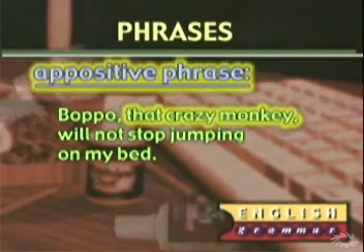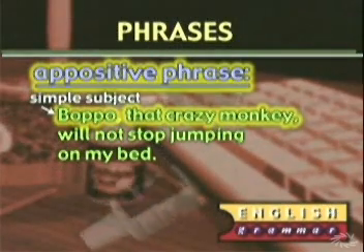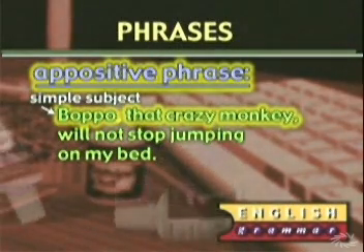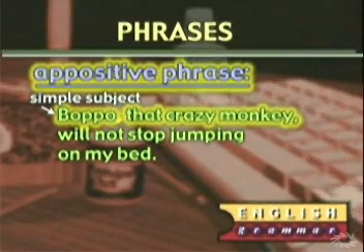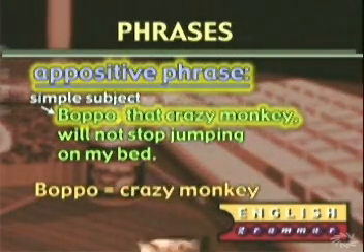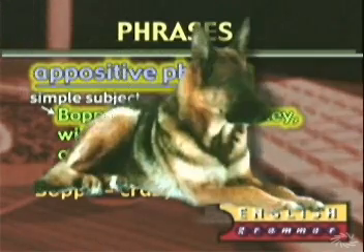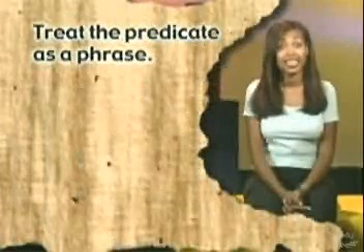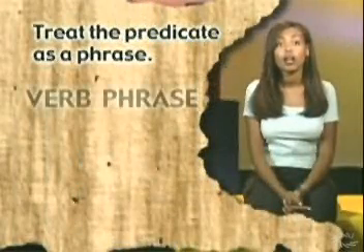Appositives are a great way to elaborate on a vague subject like we do here, because if we didn't use the appositive phrase, that crazy monkey, we might think Boppo was a cat, or a German shepherd, or a tax lawyer.